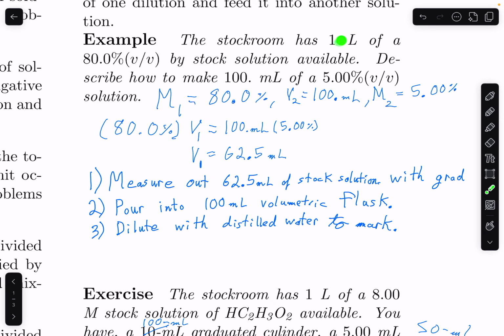Notice that the 1 liter isn't really useful unless we end up needing more than a liter of stock solution, in which case we would have a problem, but otherwise it doesn't play into our calculations. So we plug into the formula, solve for V1, and we get 62.5 milliliters. Notice that it takes on whatever units we had for V2.